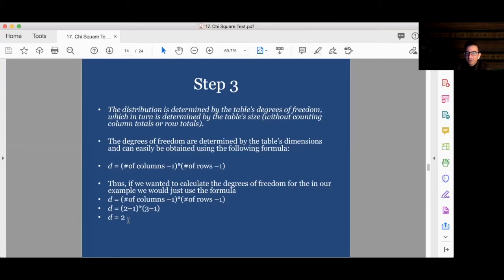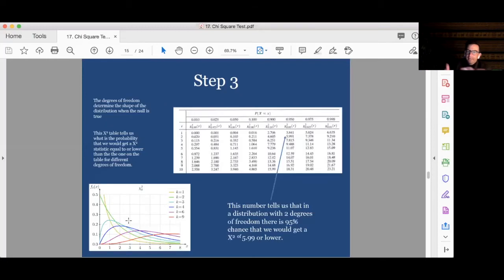Now, statisticians have calculated the probability that you will get any number in these distributions, and they are in these test statistic tables. This is a chi-square table that you have in front of you. It says here R is the degrees of freedom. Different textbooks use different letters, but anyway.